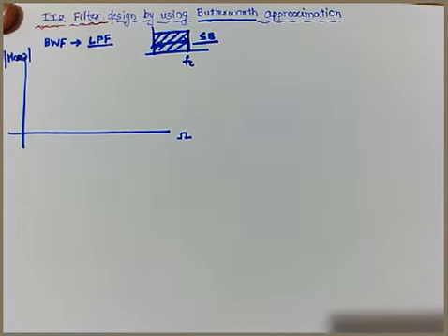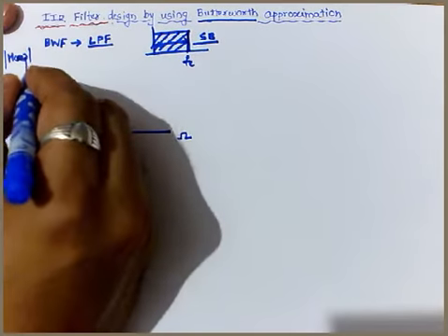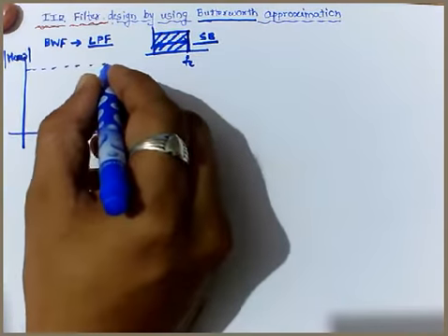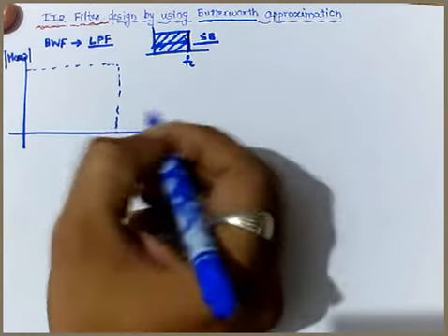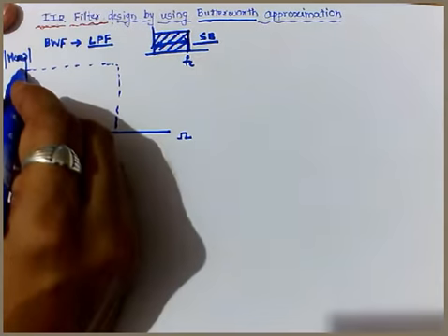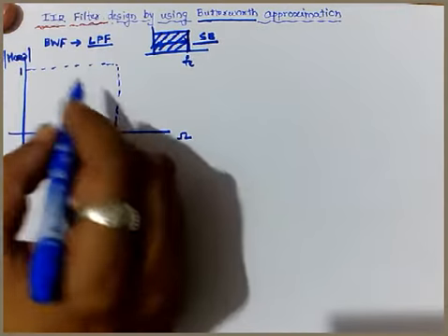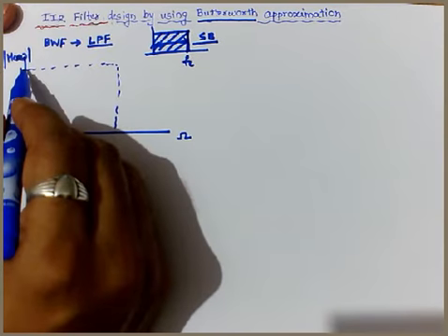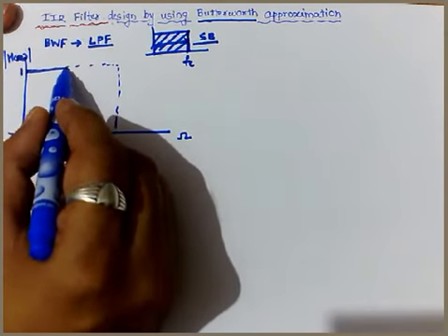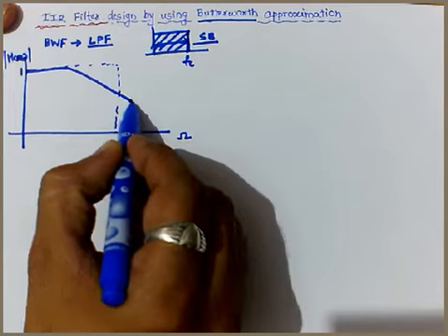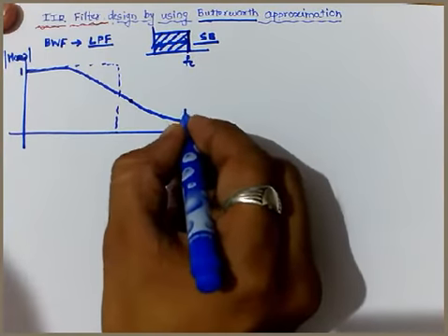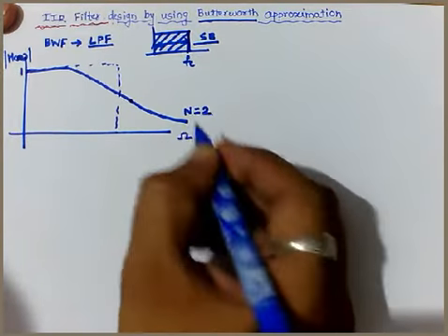For this we will consider the ideal characteristics as shown with the dotted line. Initially, with the amplitude 1, when the order of the filter is, let's say, n equal to 2.